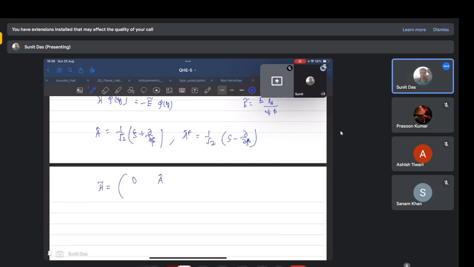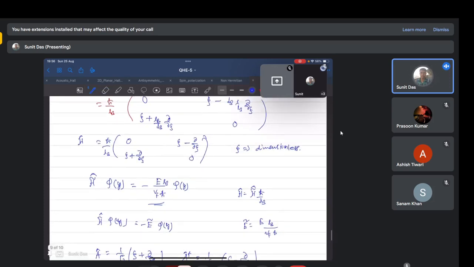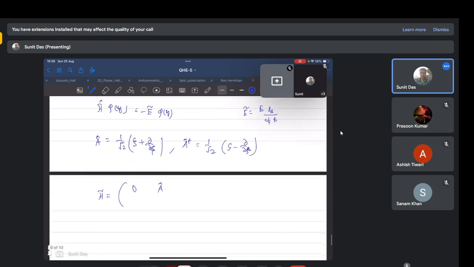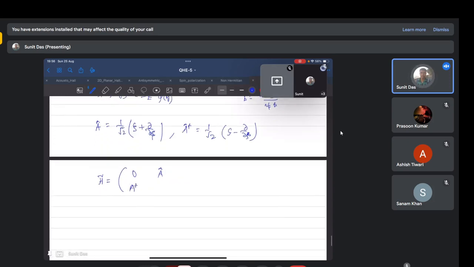So a cap, and a dagger. So this is my new h tilde.